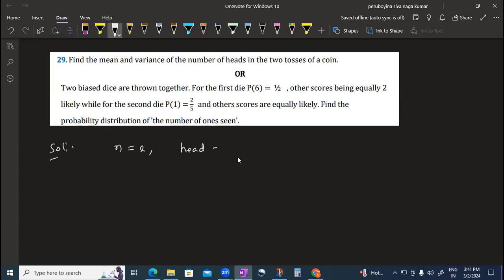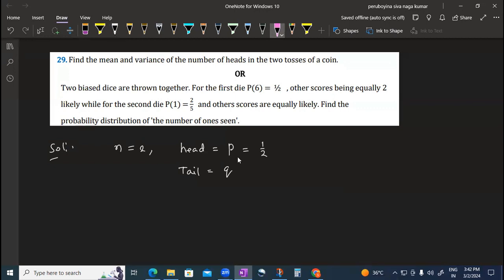So for a head, you have to say the success probability is 1 by 2. These probabilities were calculated for one-time tossing. If you toss one time, the probability of getting head is 1 by 2. And getting tail is treated as a failure, with probability Q.